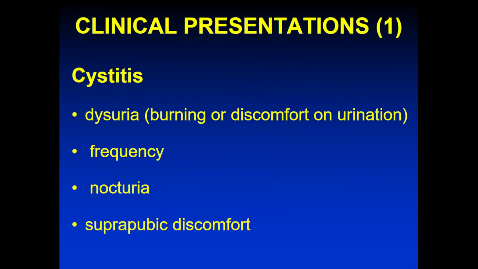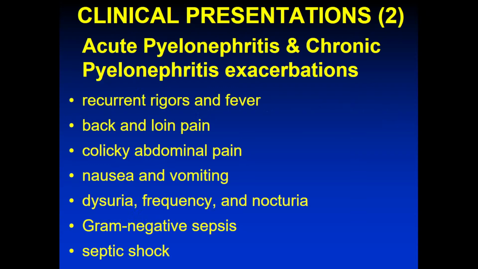Clinical presentations. Cystitis clinically produces dysuria, or in other words, burning or discomfort of urination, frequent urination, nocturia, and some suprapubic discomfort.